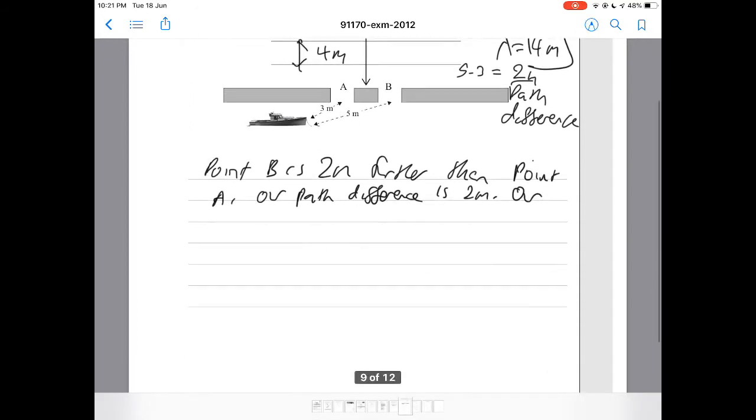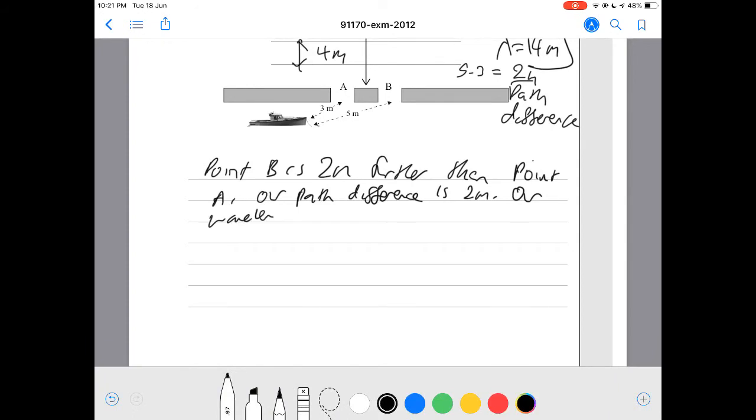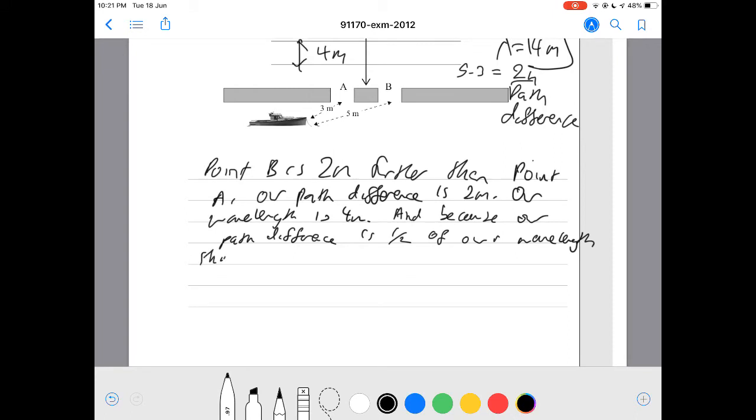Our wavelength is 4 meters, and because our path difference is half of our wavelength, this means that destructive interference will occur.